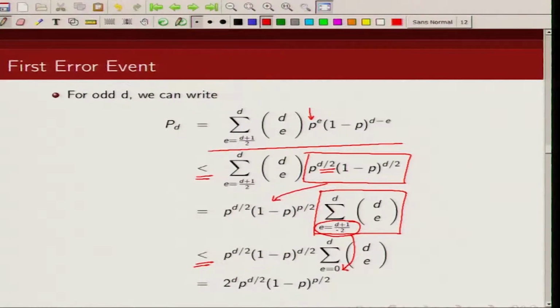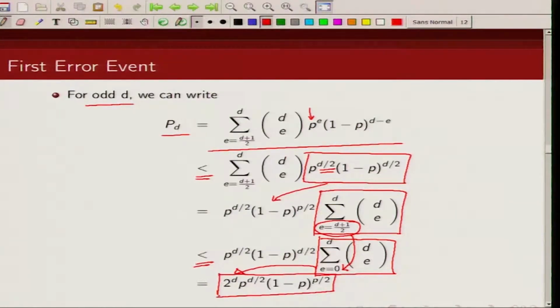So, instead of e equal to (d plus 1) by 2, I am adding more terms, starting from e equal to 0. That is why this upper bound came, and this is nothing but 2 raised to the power d. So, for odd d, I can write this first event error probability as upper bounded by this quantity.